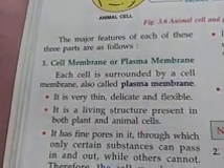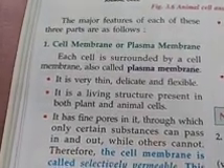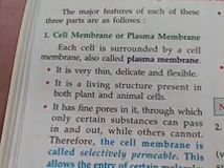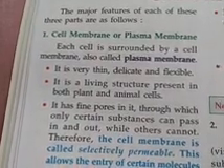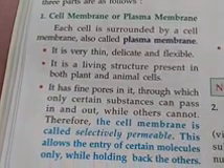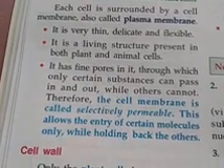The cell membrane. We often call the cell membrane the plasma membrane. It is very thin in nature and delicate. It is the living structure which is present both in plant as well as animal cells.